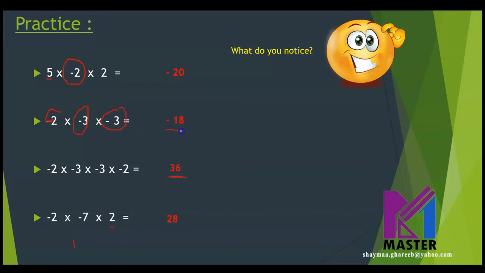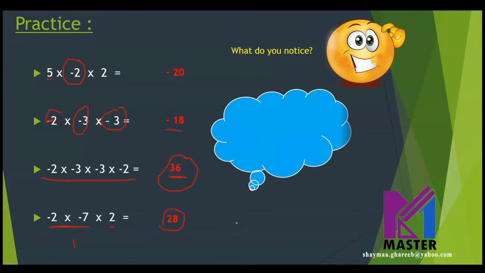The answer is a negative number. In the third sentence, I have 4 negative numbers. In this case, the answer was a positive number. And in the last sentence, I have only 2 negative numbers multiplied by each other, and the answer is positive. Can we find the rule here?